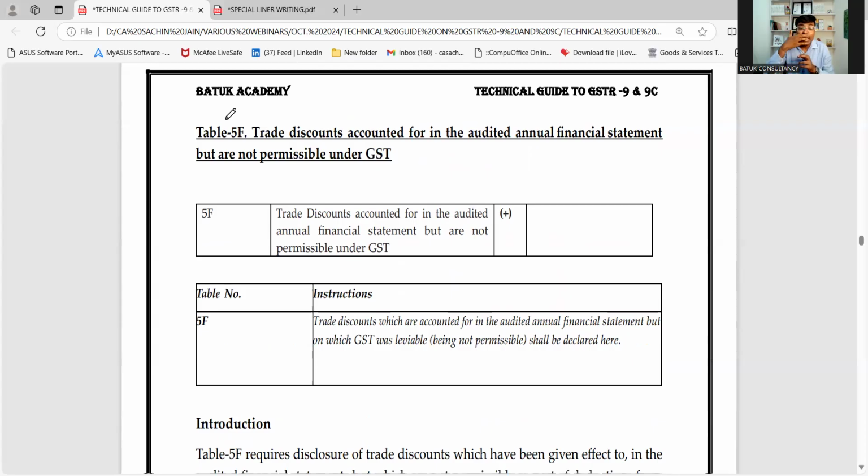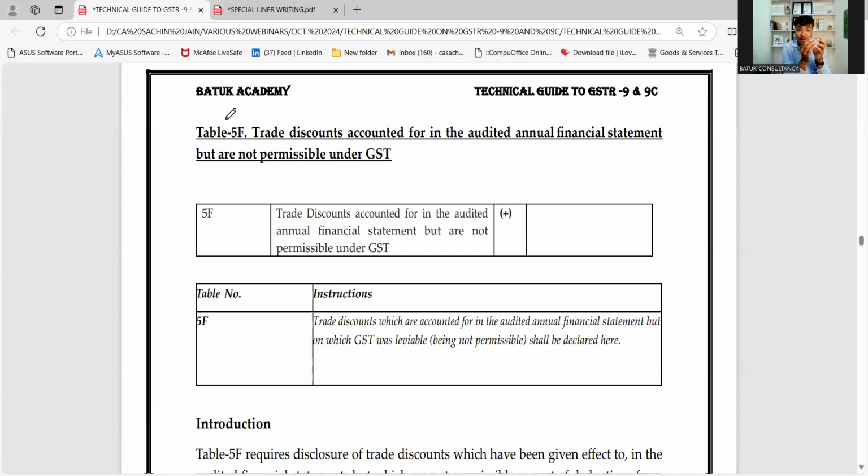Suppose the discount term has been decided after the invoice, or the trade discount which is not included in the GST regime. In such a scenario, that discount has been booked in the books of accounts, but that discount is not there on the GSTN records. In such a situation, the sales on GSTN records is higher in comparison to the sales which is there in the books of accounts, or I can use the word tax liability.